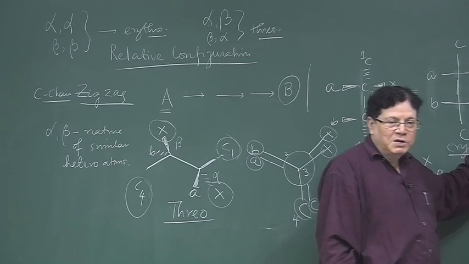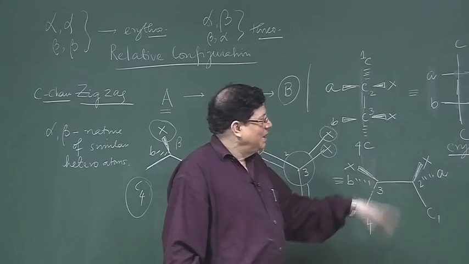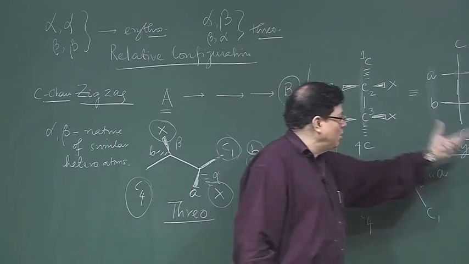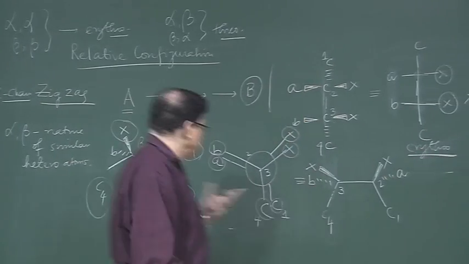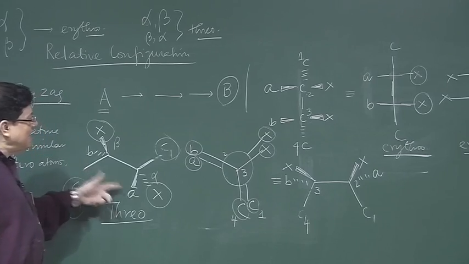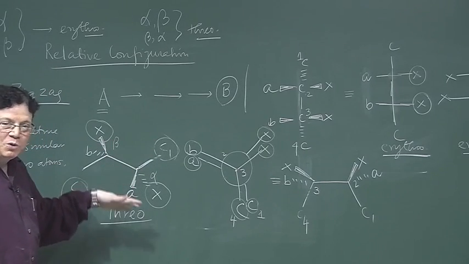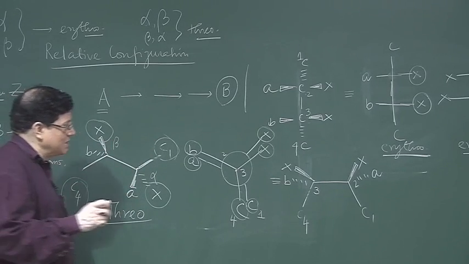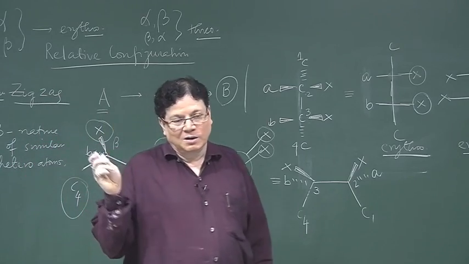So, if you follow the Fischer projection rule, then this molecule, which is erythro, becomes threo in the zigzag rule, which was proposed by a scientist named Heathcock.